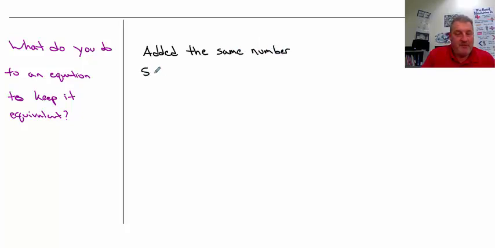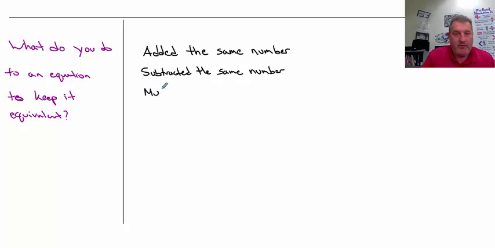We subtracted the same number from both sides. We multiplied, right? We multiplied by that -1/3 in that last one.